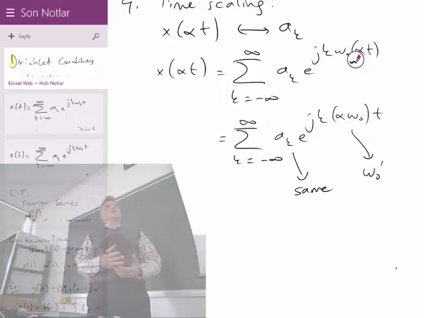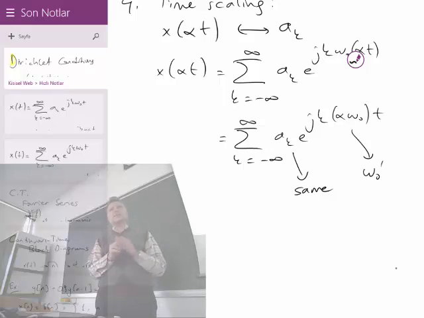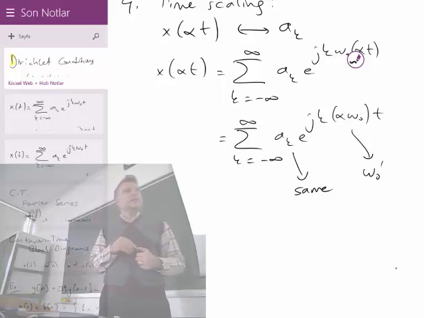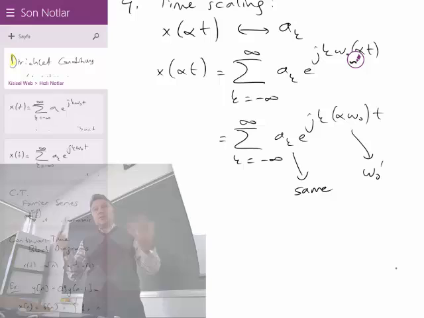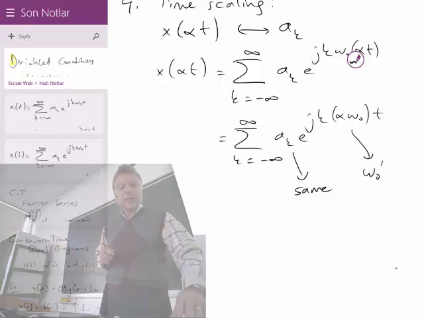So what is changing now when you scale in time? It's not the Fourier series coefficients that change. It's only the fundamental frequency that changes. The new fundamental frequency is scaled by alpha, by the amount of scale that you apply to the time t. The frequency changes like that. So be careful about that.